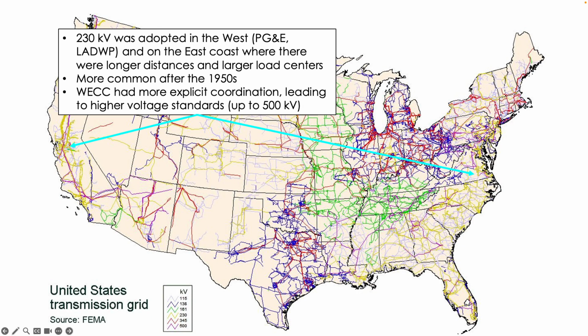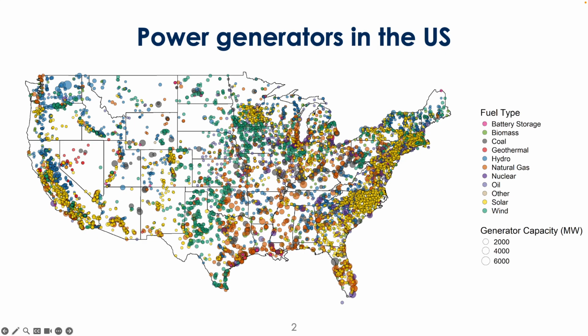In fact, let me jump back, all the way back here. You can see there's actually a big gap of generation in the middle here. So you don't really need much transmission in this area because you don't have the population centers or the generators there. So it's just that empty space for the grid, at least.